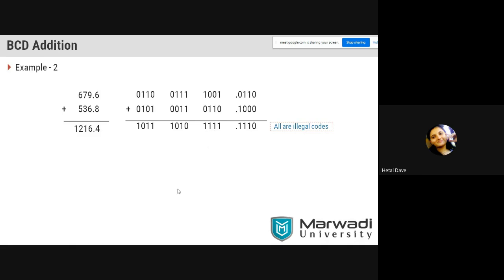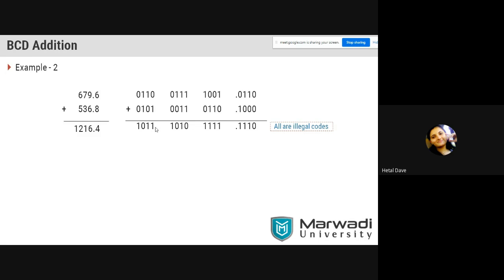Now, what is the correction? We need to add 0110 wherever an illegal code is there. So everywhere an illegal code is there. Let's say sometime you have, in this code, 0000, so don't add 6 there. We will observe 4 bits only. Wherever our code is greater than 9, at that place only we will add 6.